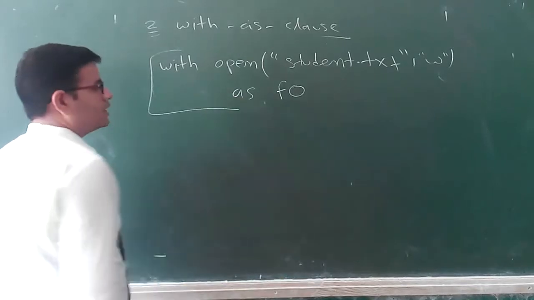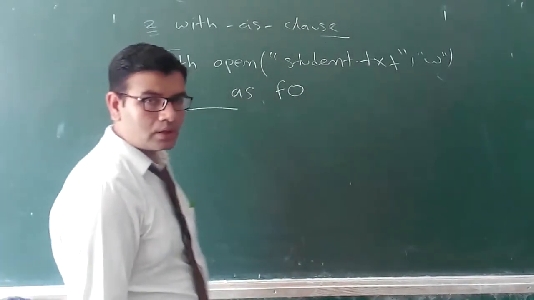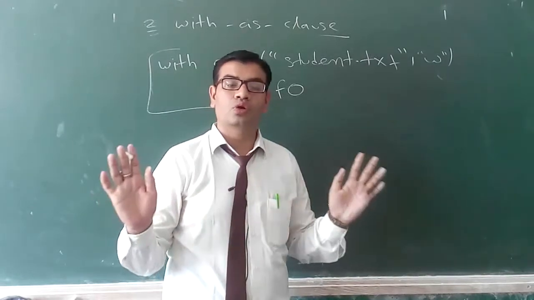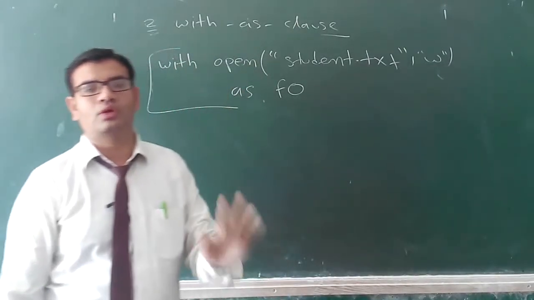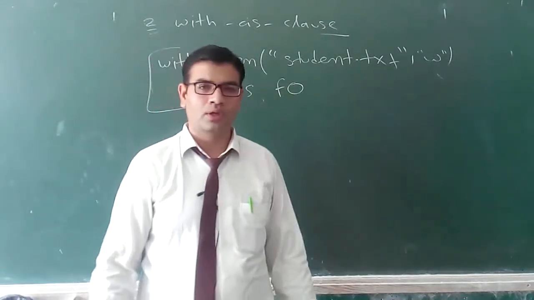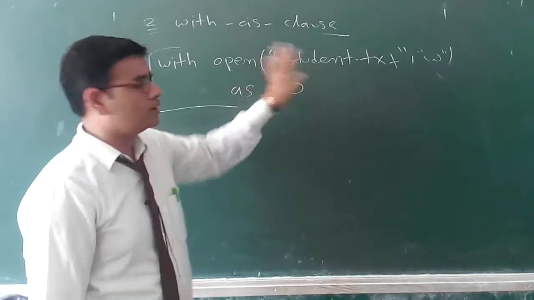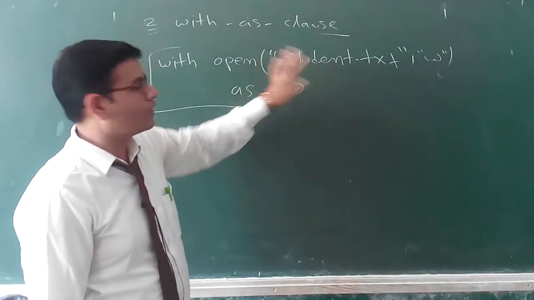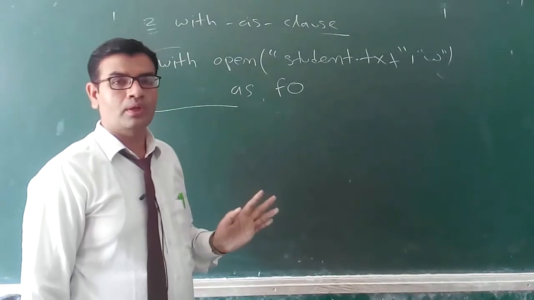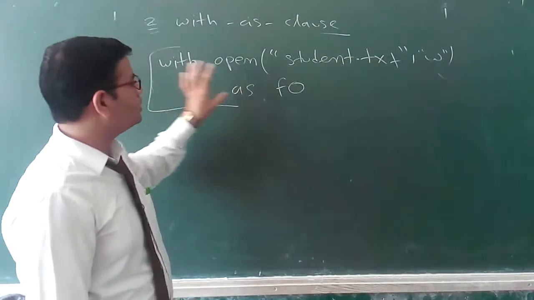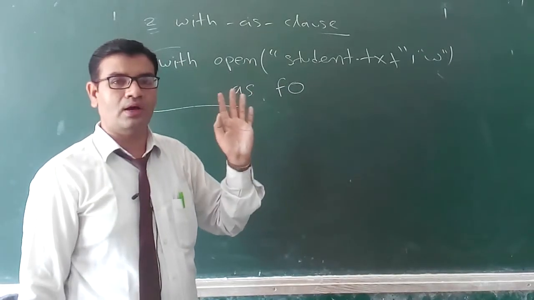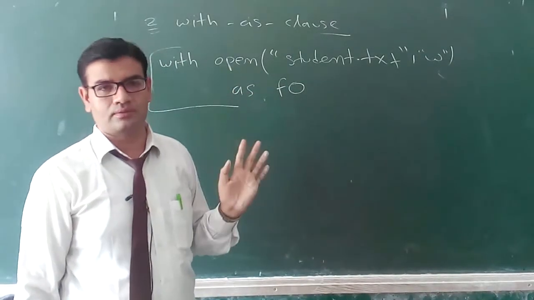By using this line we can open a file, and when we complete our task, it will automatically be closed by the interpreter. We don't have to remember any file name or any closing operation. If we open 40 files in a single Python program, then with as clause will automatically close these files after completing our task.